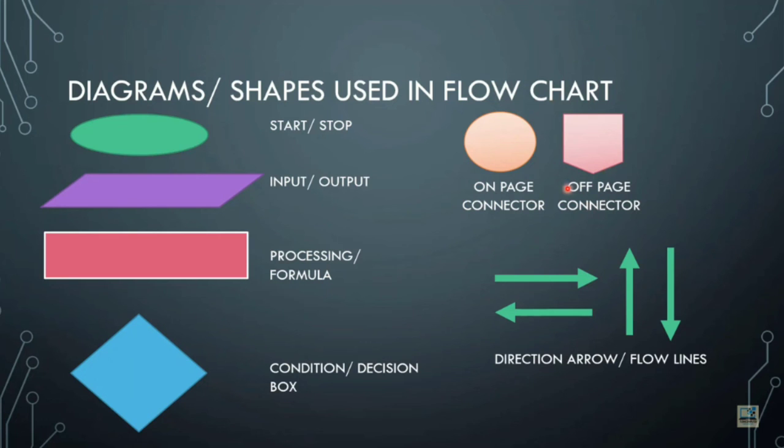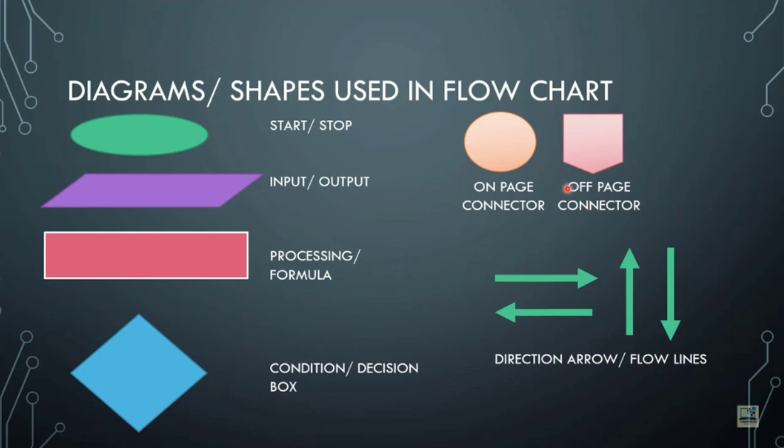For writing any condition or any decision, we have the diamond shape, and we have two types of connectors. Basically the connectors are used to join the flow lines. If you are using a connector on the same page, it is known as an on-page connector.